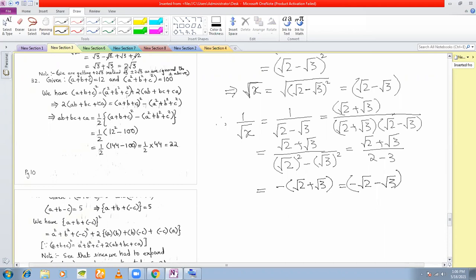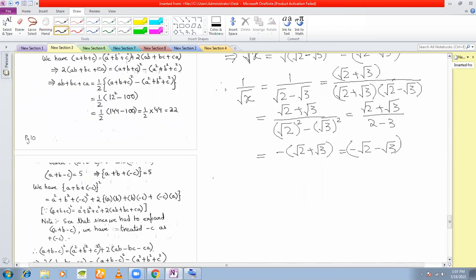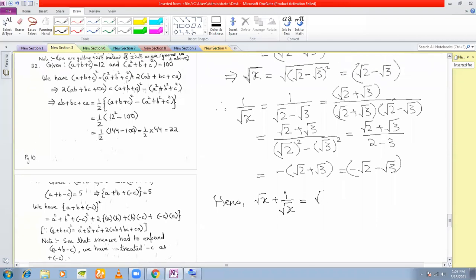Right? Once you have got root x and the value of 1 by root x, you had to find out the value of root x plus 1 by root x. So hence root x plus 1 by root x is equal to the value of root x we have found as root 2 minus root 3, plus the value of 1 by root x, which is minus root 2 minus root 3.